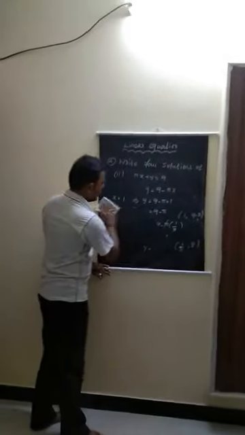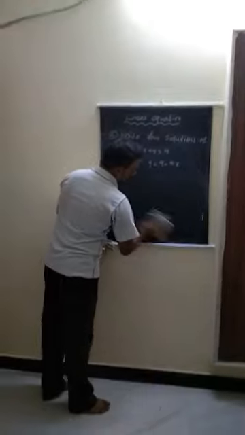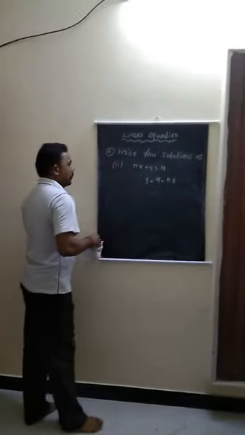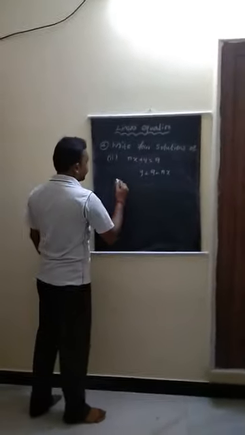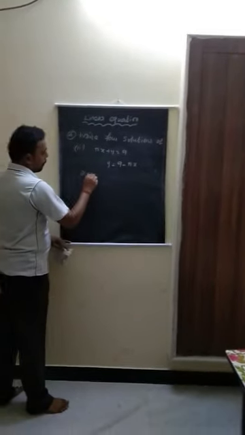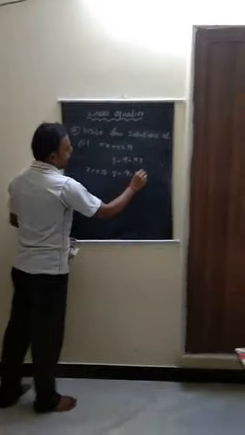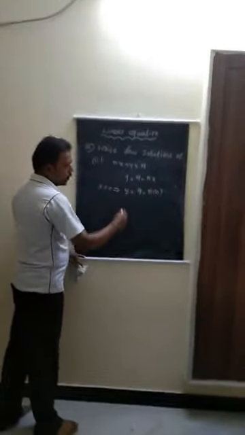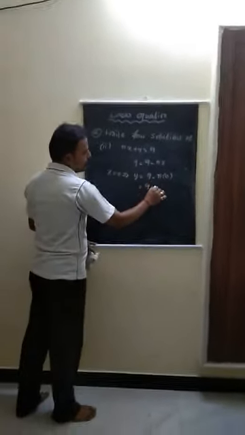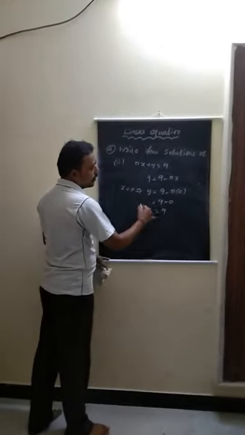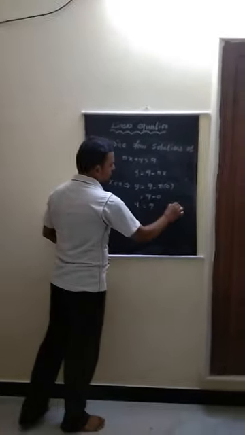Similarly, if x is equal to 0, then y equal to 9 minus pi into 0. So that is 9 minus pi into 0, 0. That is 9. Now the point is 0 comma 9.